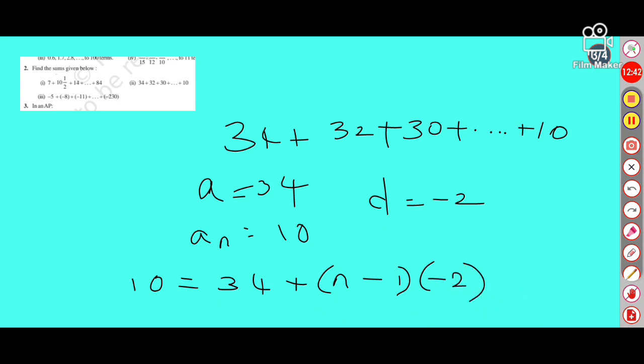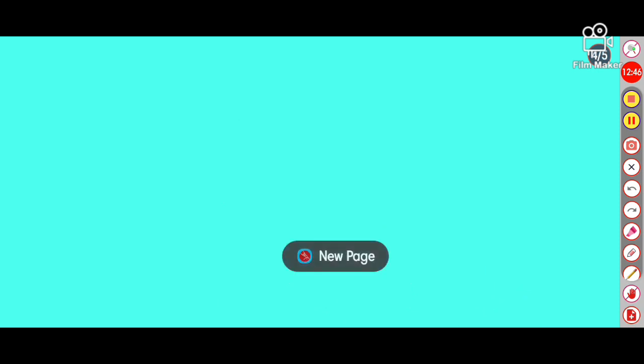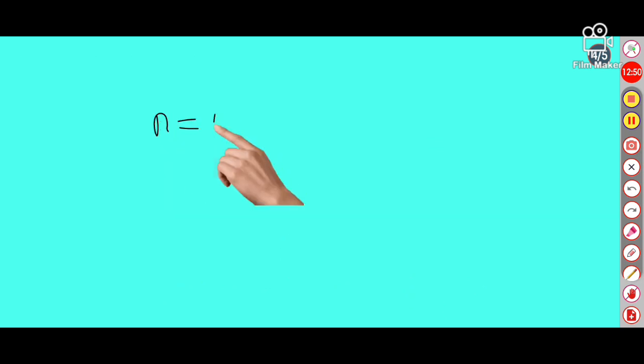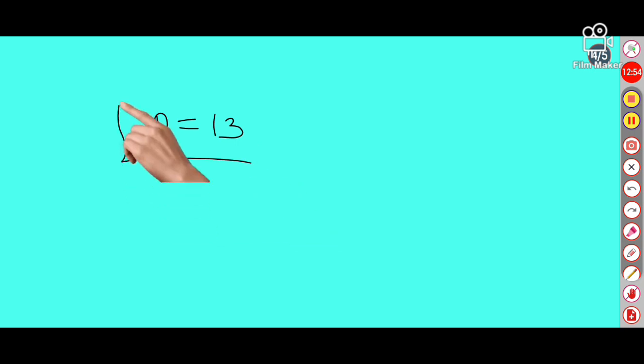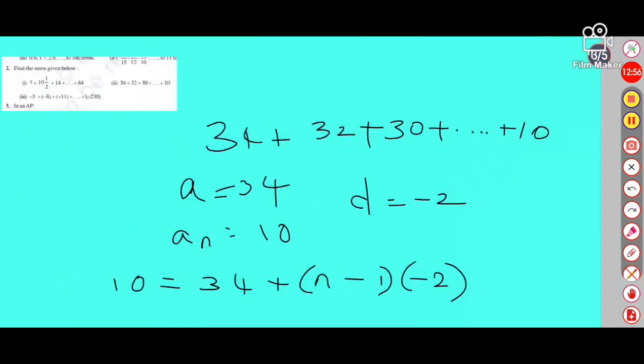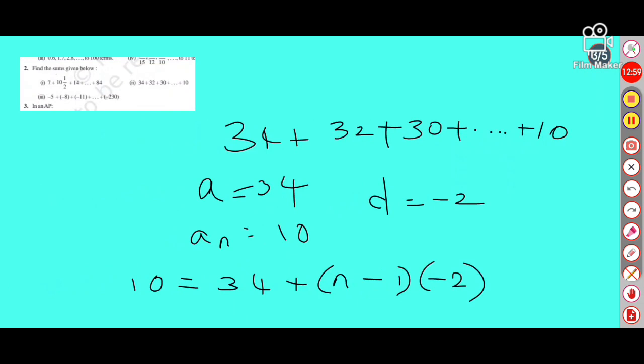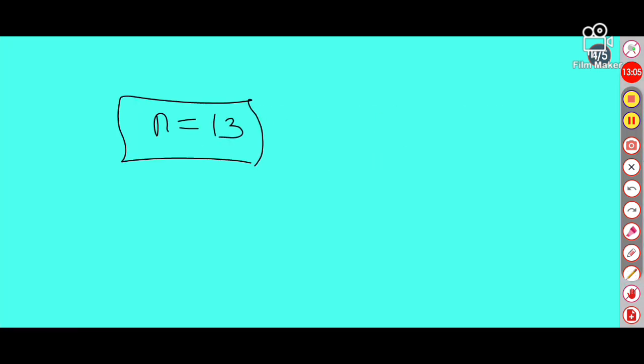This is because we need to substitute the value of n in the sum formula. Upon solving, the value of n is 13. These are basics, that's why I am repeating. You just kindly do it by yourself. Find the value of n with this equation.